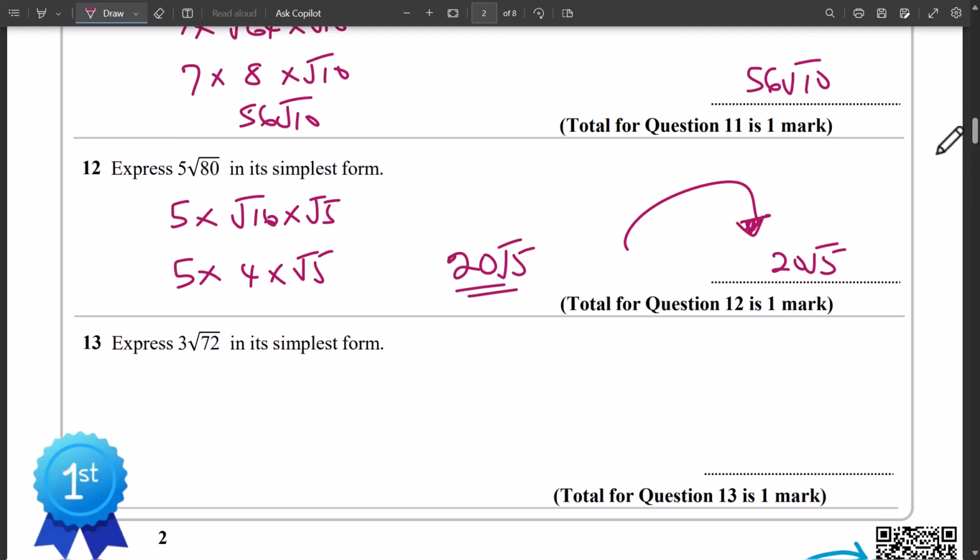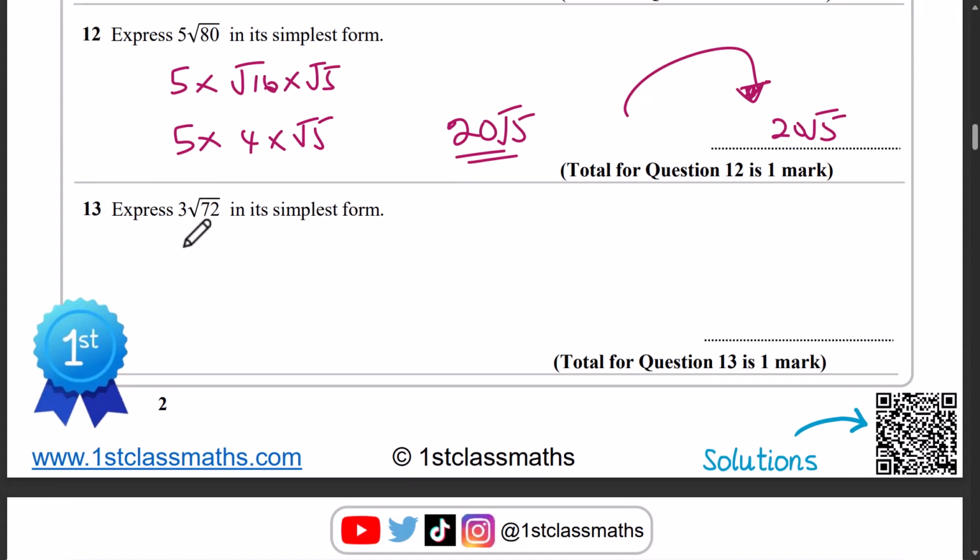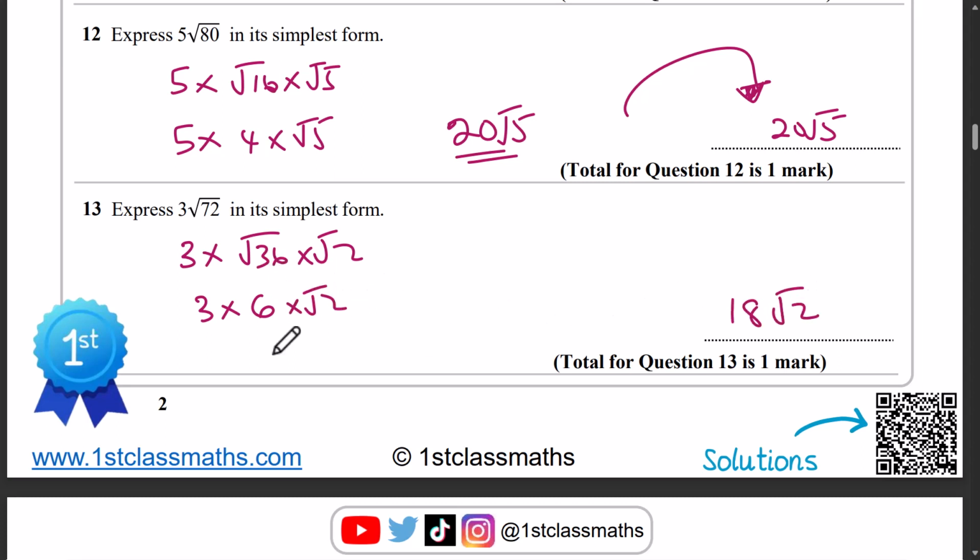It all depends on what you want to do and how skillful you are at noticing some one or two differences there. And for this, you can do 3 times root 36 times root 2, because of the multiplication of the 2, and that's 3 times 6, times root 2, which is going to be 18 root 2. 3 and 6 is 18, okay?